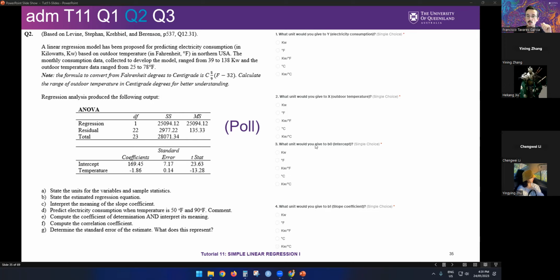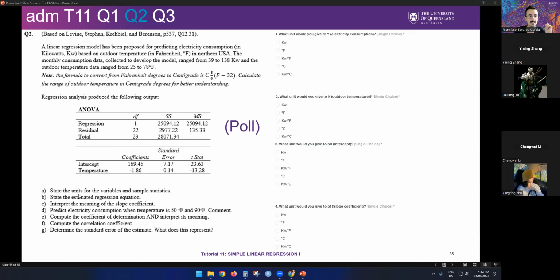Which unit would you give to B0, our intercept? And which unit would you give to B1, our slope coefficient, the one multiplying temperature? I have 6 answers up to now. And 8, 3, 2, 1, go.